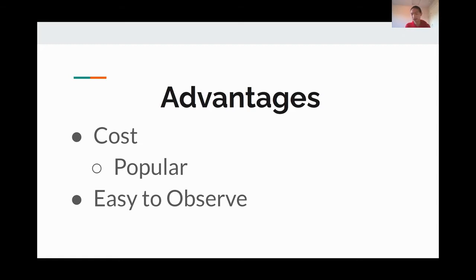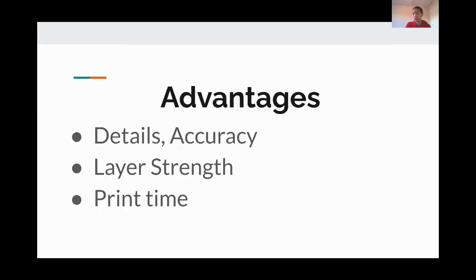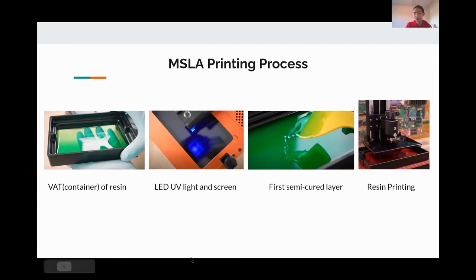And then also your process is so easy to observe. Your printing process just happens right in front of you, so you can observe it and see very quickly if it fails, and you can also see how it fails, as opposed to a resin printer, which has a container that blocks your view of the print.